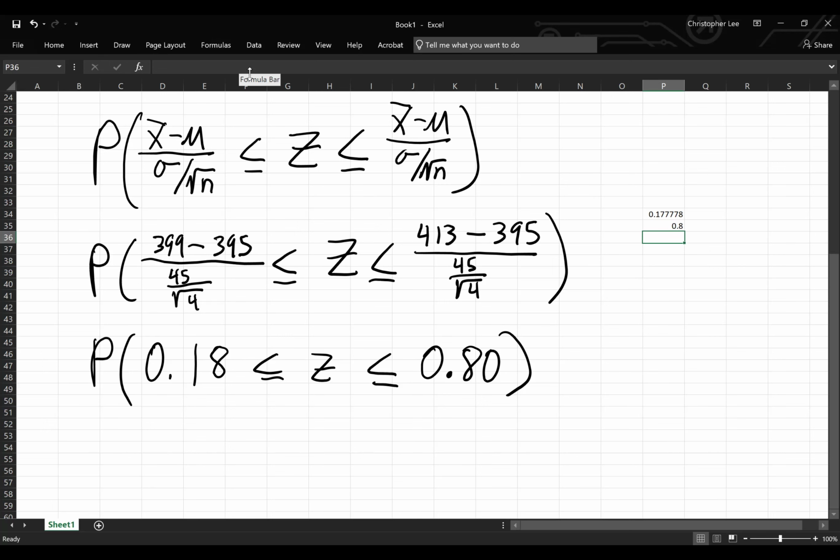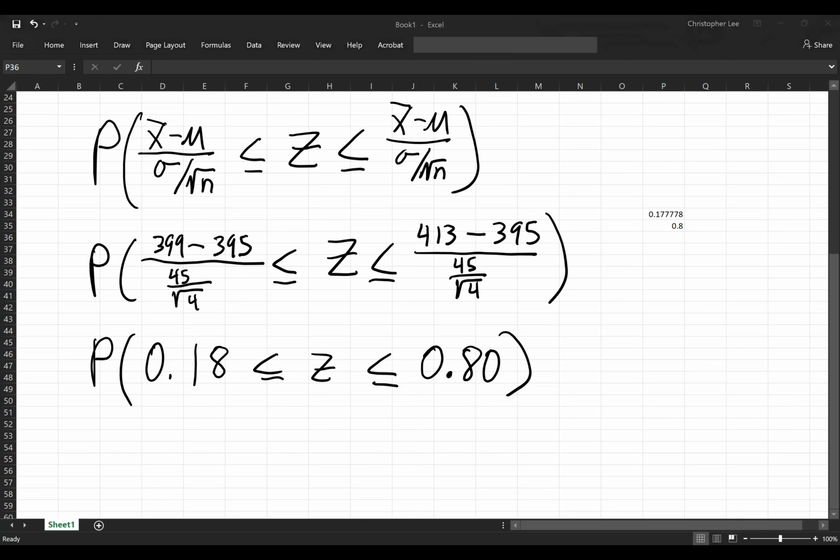When I did this part up here, the 45 I'm talking about, that's a square root. How would you put that in the calculator? Hold on a second. One second, I'll show you.